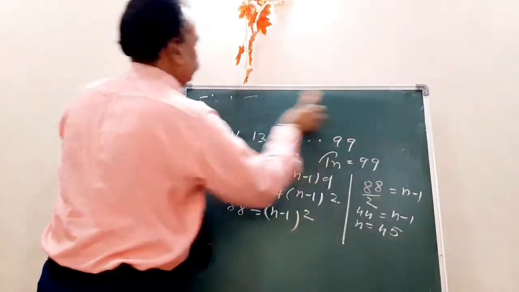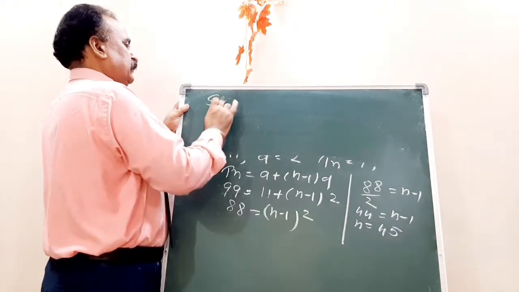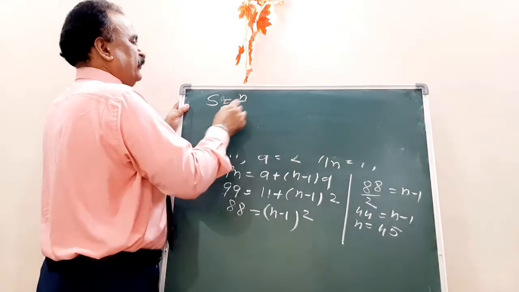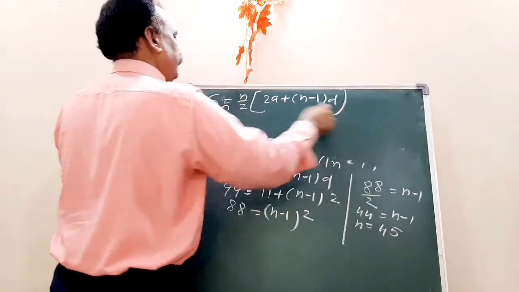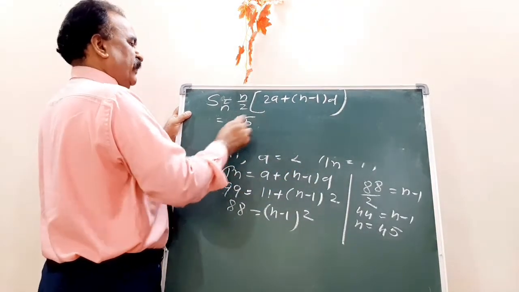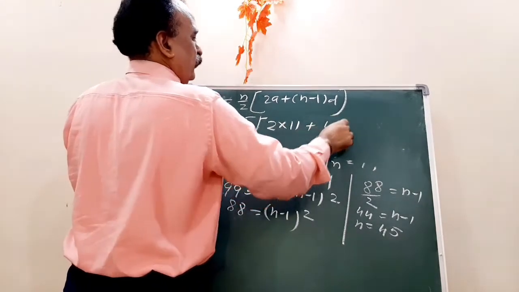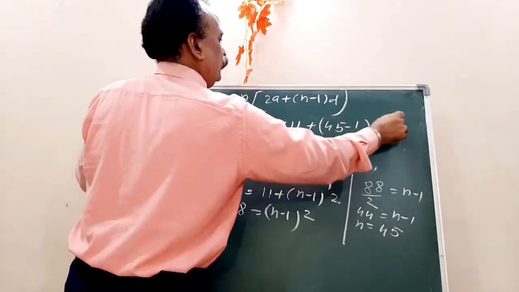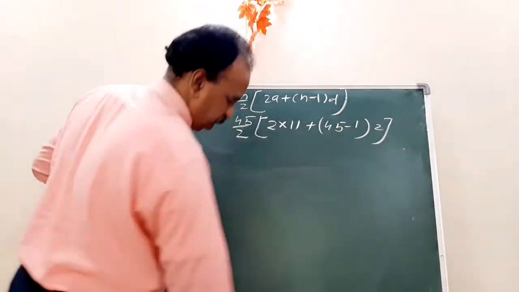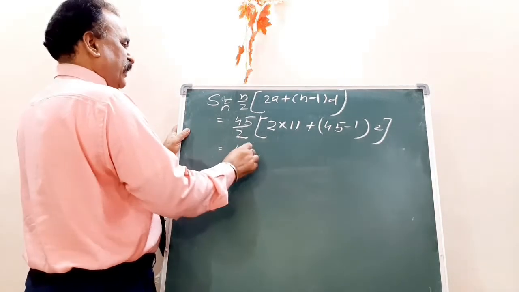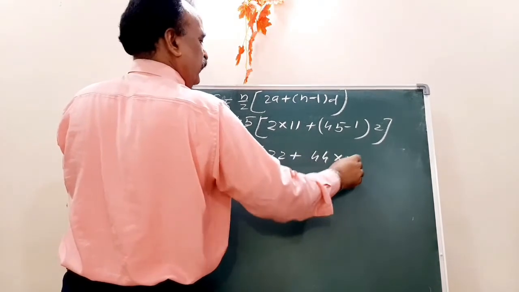The sum will be Sn is equal to n by 2 into bracket 2a plus n minus 1 into d. n by 2 means 45 upon 2 into bracket 2 into 11 plus 45 minus 1 into 2. Let us see. 45 upon 2 into bracket 22 plus 44 into 2.